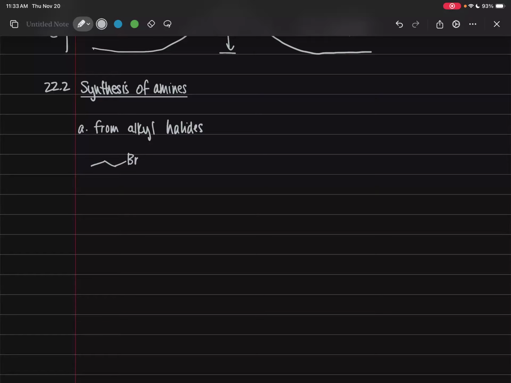So we start with an alkyl halide and we go through a nitrile. So to make a nitrile, we need sodium cyanide. That does an SN2 reaction at the carbon. So there's the installation of the nitrogen atom that's going to become the amine. But right now it's part of a nitrile.